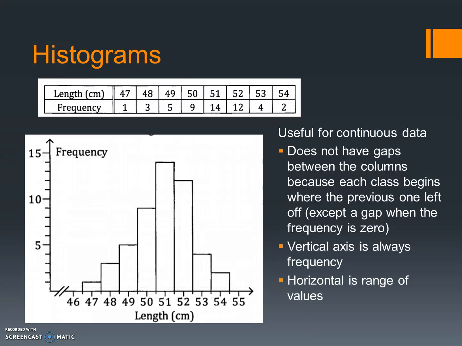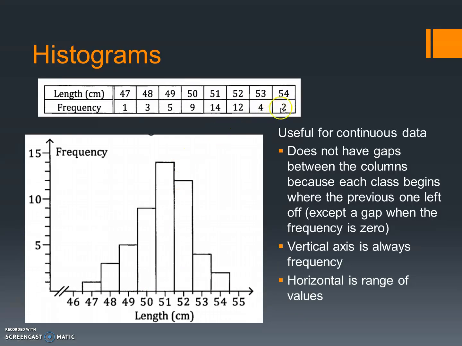Histograms do not have gaps between the columns because each class begins exactly where the previous one left off, except occasionally there would be a gap if the frequency, potentially anywhere along the line, is 0. That's the only time you'd see a gap.